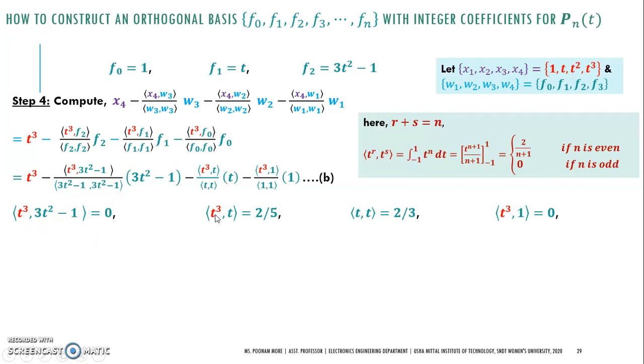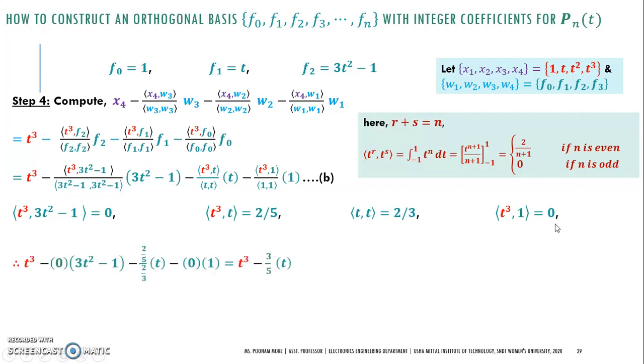Over here the sum of the powers of t is even, and therefore we have the calculation as 2 by 5. Here also the sum of the powers of t is equal to 2, and therefore it reduces to 2 by 3 by using this rule. Here the inner product of the term t cube with 1 becomes 0 because the sum of the powers of t over here is an odd number.